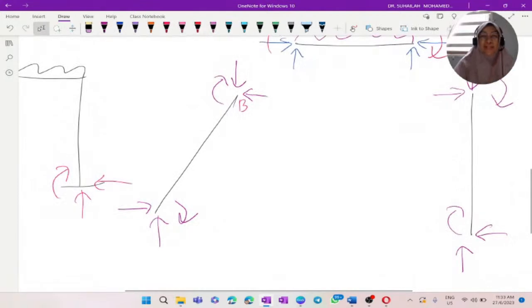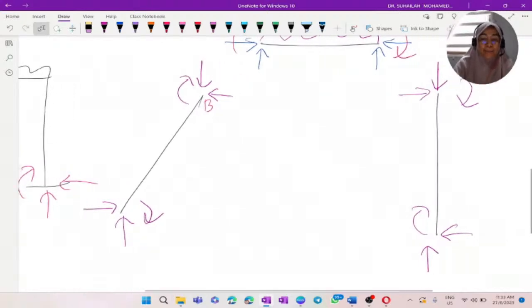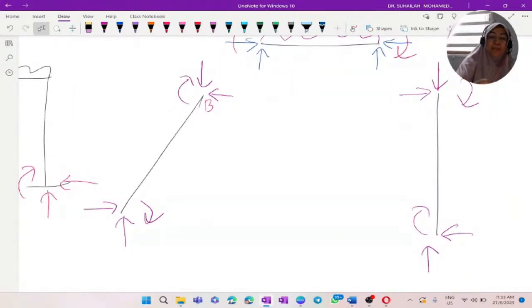For the vertical and horizontal forces inside this diagram, for AB, we label them as V1, V1, and V1. For horizontal force, we label as H1.